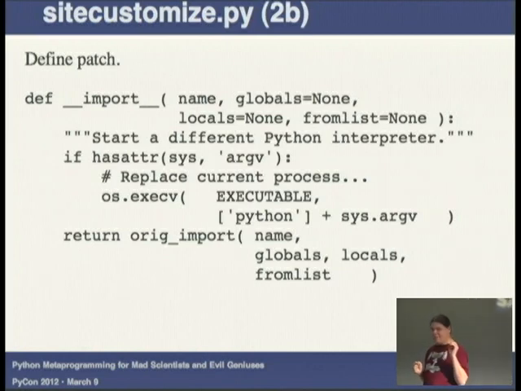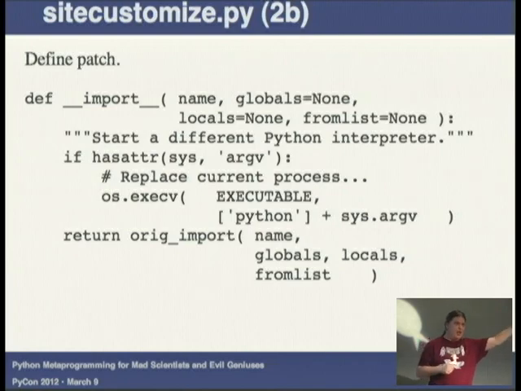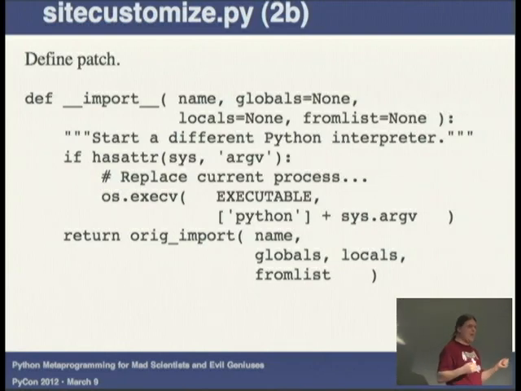Remember I mentioned that sitecustomize gets imported really, really early? If you read the CPython source code, the site module gets invoked, which loads sitecustomize, before sys.argv has been defined. So we've got a problem here.